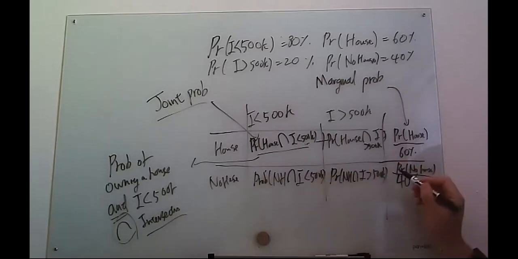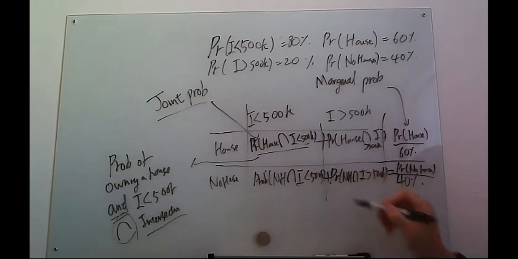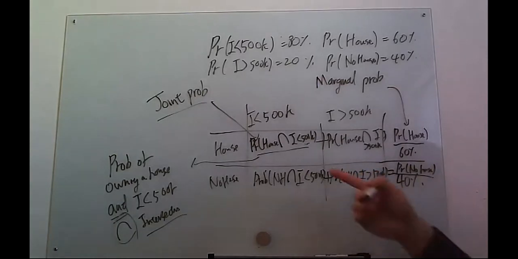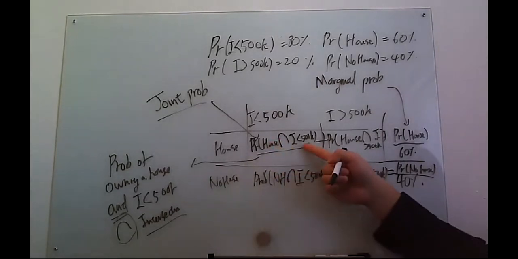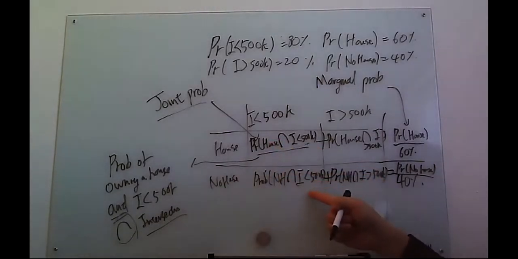So again, that is the marginal probability, the summation of that. Similarly, whether you own a house or not, your income is still less than 500K, no matter what.